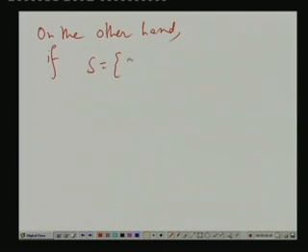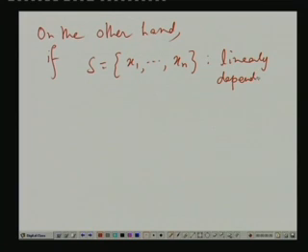On the other hand, if this set is given to be linearly dependent, then we can say that we can find some A Hermitian x equal to 0.